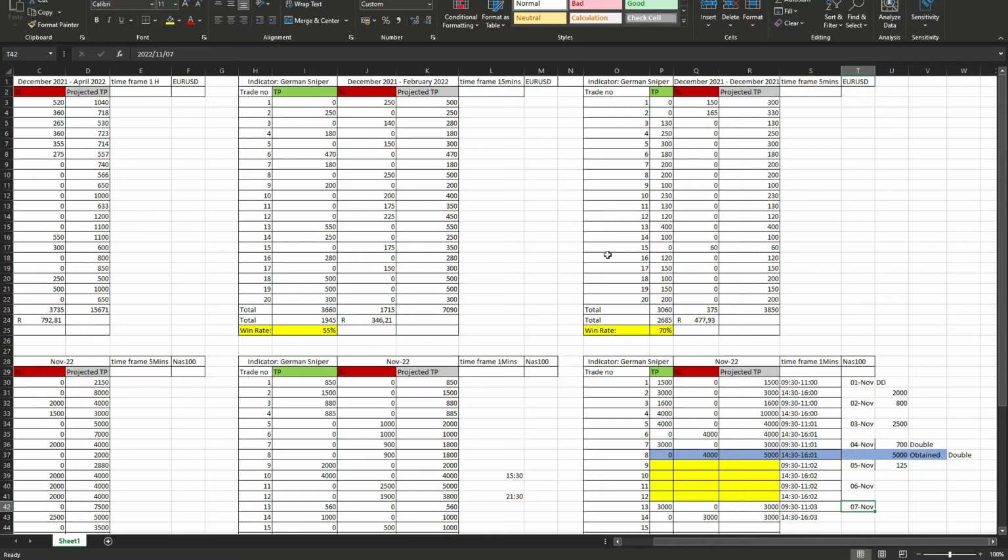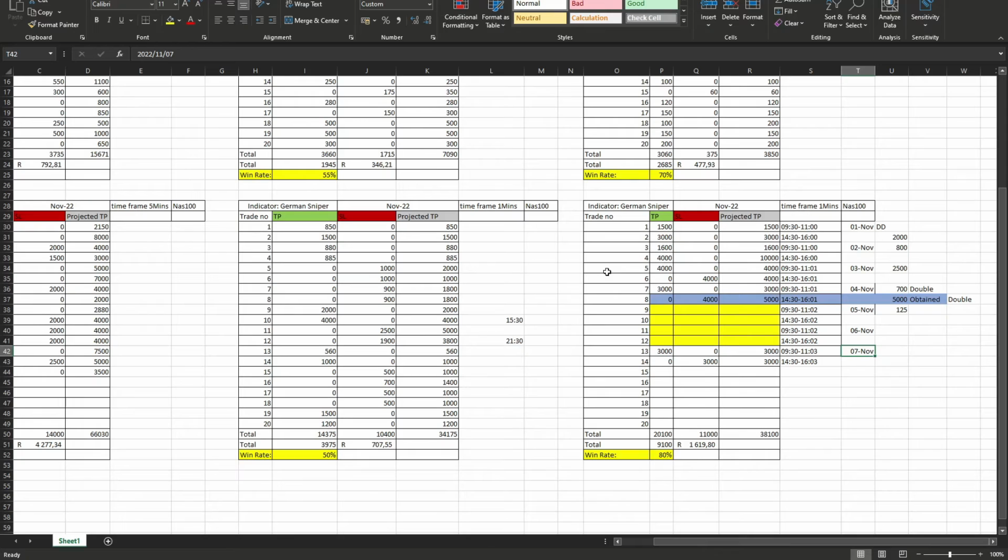If you are planning on using this on currency pairs, I would recommend using it on the 5-minute time frame. And if you are planning on using it on NAS 100, I will use it on the 1-minute time frame, but specific to these 2 time slots, since that's where it's been most profitable, win rate of 80%.